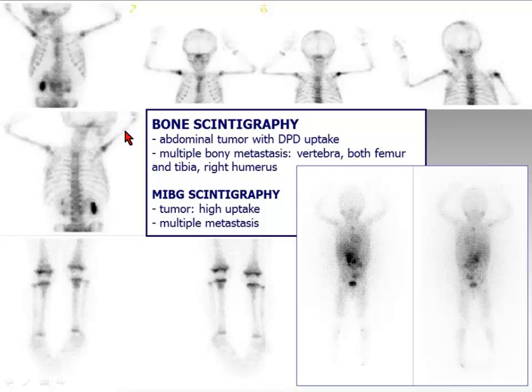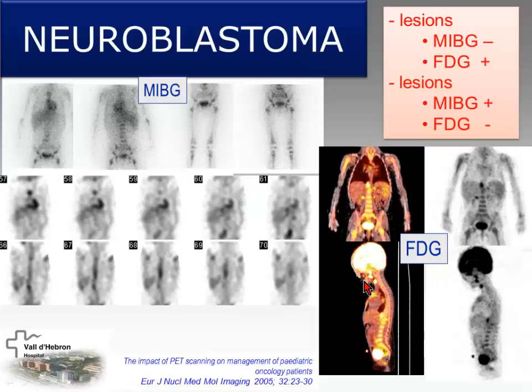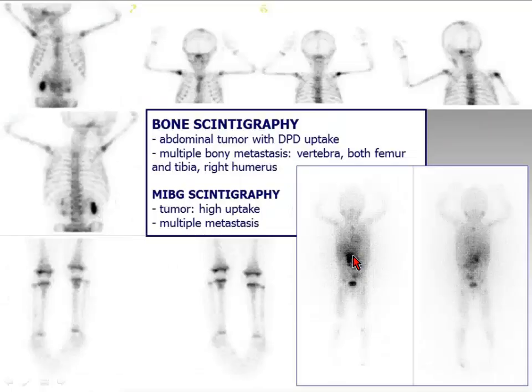That means it's a stage 4 neuroblastoma with uptake in the tumor, with metastases in all the vertebrae and on the long bones. And if you compare these images with the images of MIBG, the MIBG shows uptake in the tumor, but very mild uptake, much less uptake in the extremities than the bone scan.